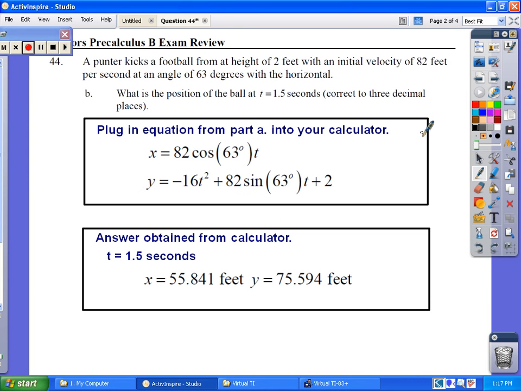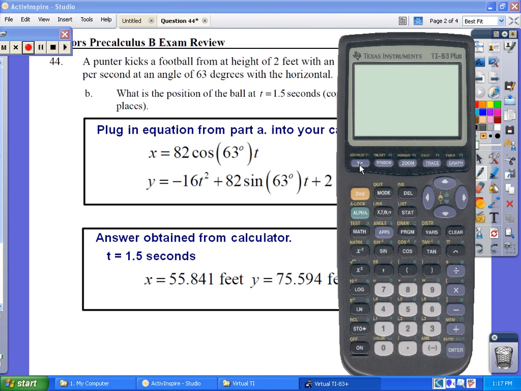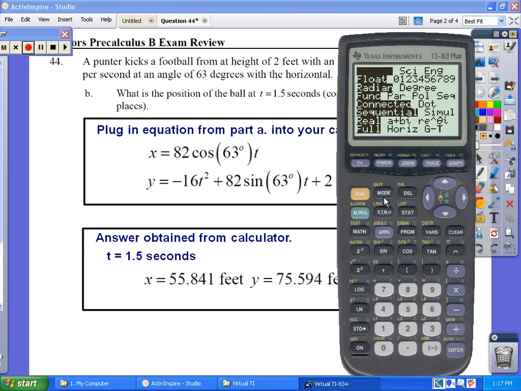Part B. What is the position of the ball at t equals 1.5 seconds correct to 3 decimal places? Well, we need to put this in our calculator. Turn your calculator on, go to mode, make sure you're in degree and parametrics, PAR.